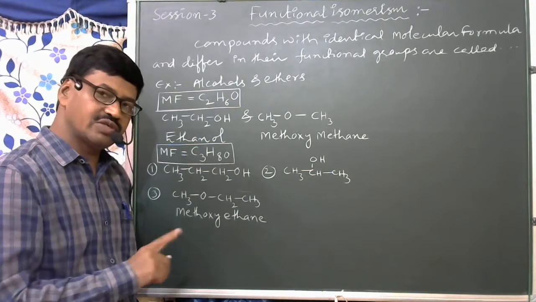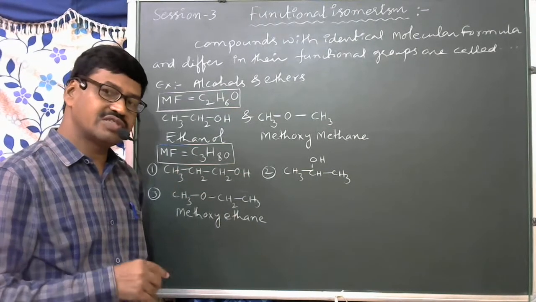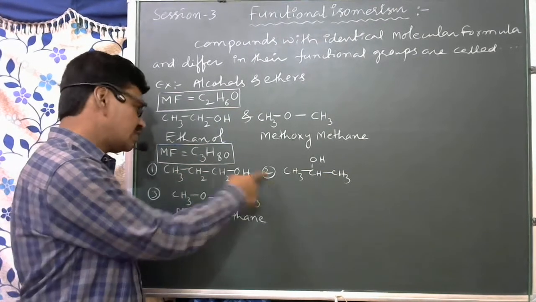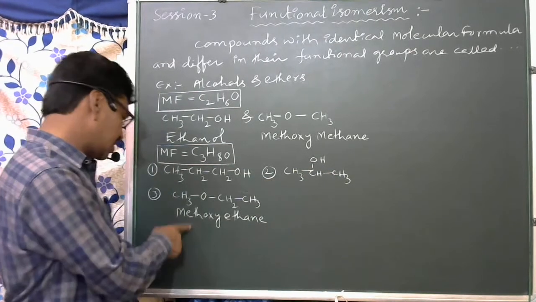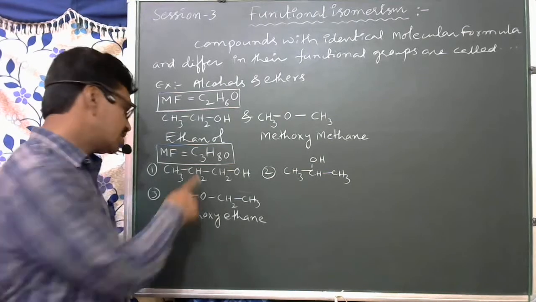And like this they give in the question. 3 different compounds they give. Then they ask what is the relation? Relation between 1 and 2, otherwise relation between 1 and 3, relation between 2 and 3. Like that questions they may ask. What is the relation between 1 and 2?